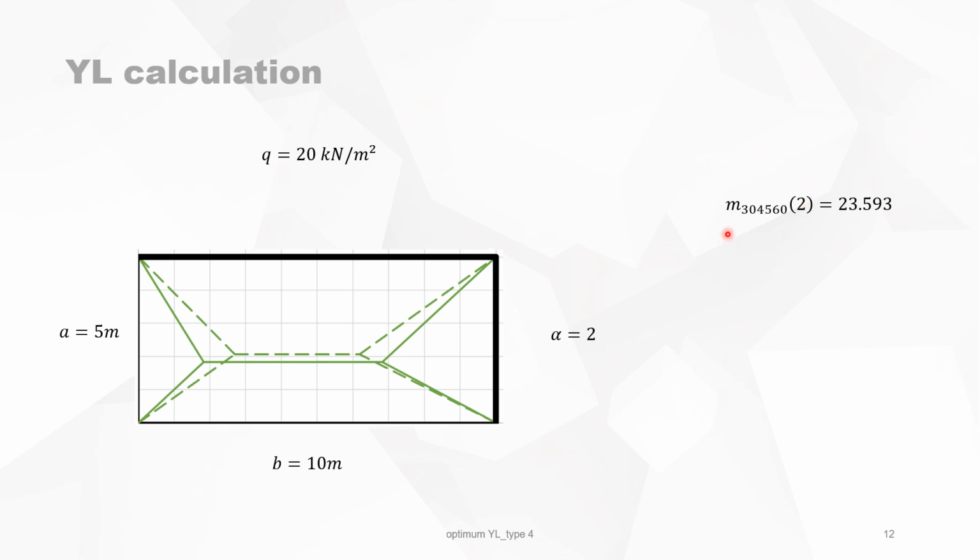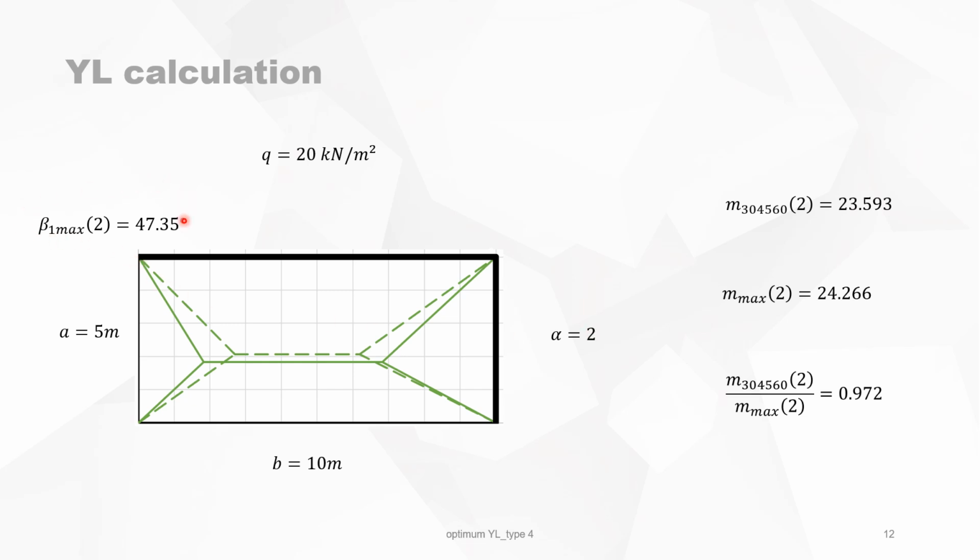The maximum bending moment obtained with the 30, 45, 60 degree rule, with the yield lines indicated by the green full line, gives me 23.6 kilonewton meter per meter. The optimized bending moment, which is shown here by the dotted line, is 24.3 kilonewton meter per meter, and the ratio between the two is 0.97.